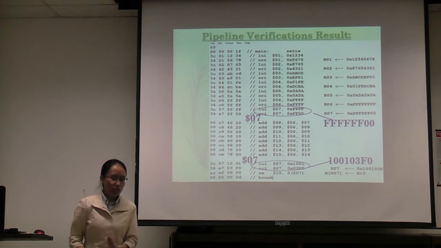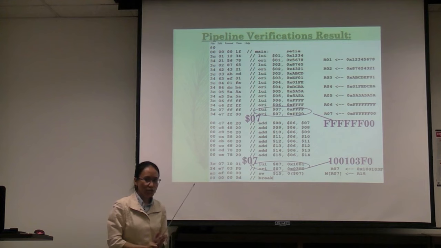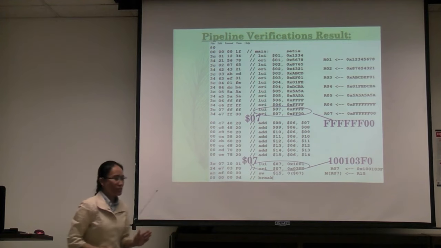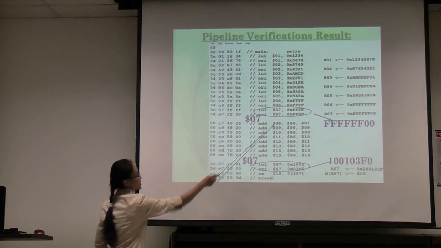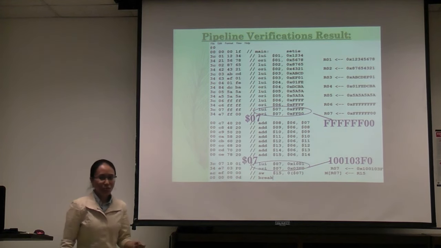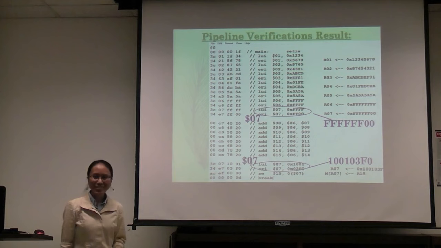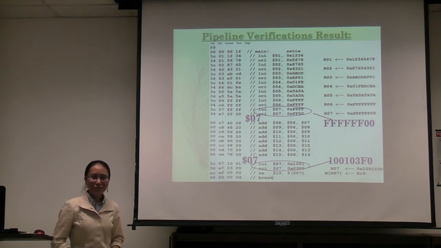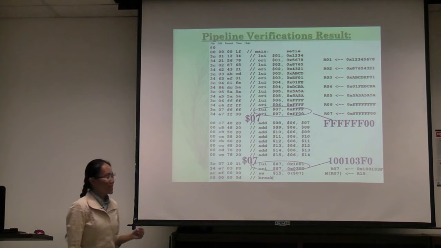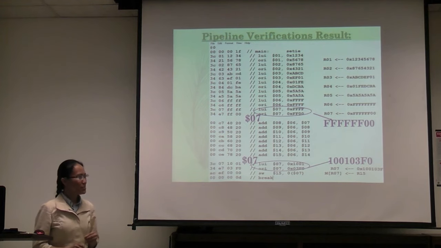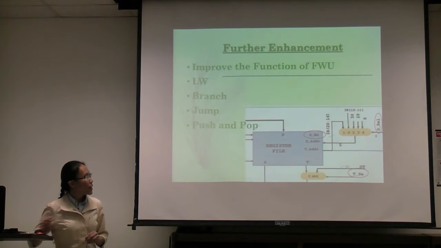So it's one instruction depending on the previous instruction, but when one instruction depends on the second previous instruction, just like this instruction, my forwarding unit doesn't function properly. This is a good testing tool. It exposes the malfunction of my forwarding unit. It's good, but then it's a little disappointing. But this is the best result I can generate for this pipeline.